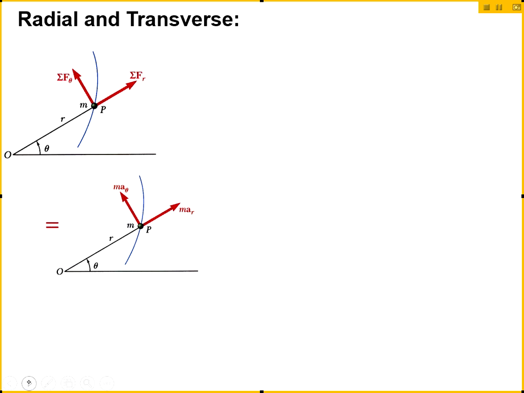It depends on where theta is being measured. So if theta in this case is being measured relative to the radial, right? Yes, theta is measured with respect to the radial.